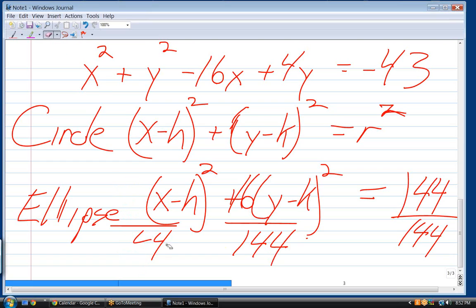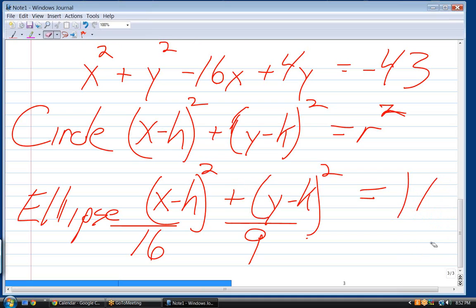And now you know that the square root of 16 is 4. When I divide 16 by 144, I end up with 9 there. So that becomes 3. Well, it becomes 3 squared. But you're correct. A is 4, B is 3.